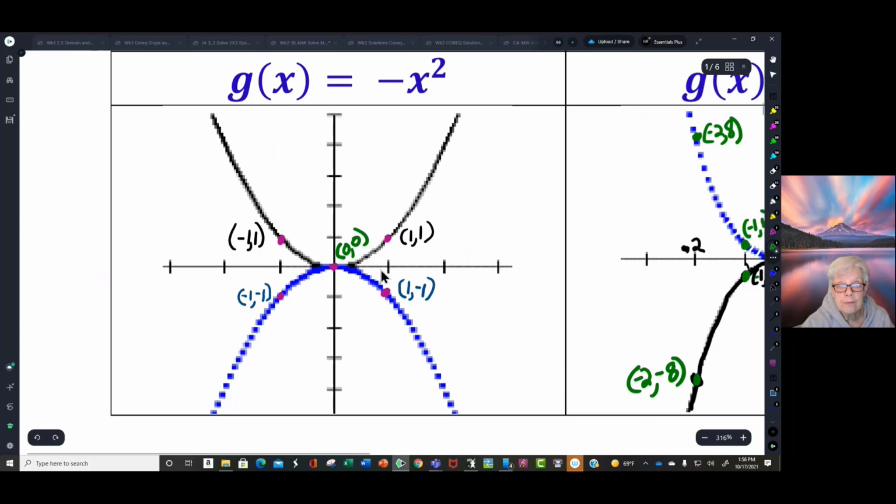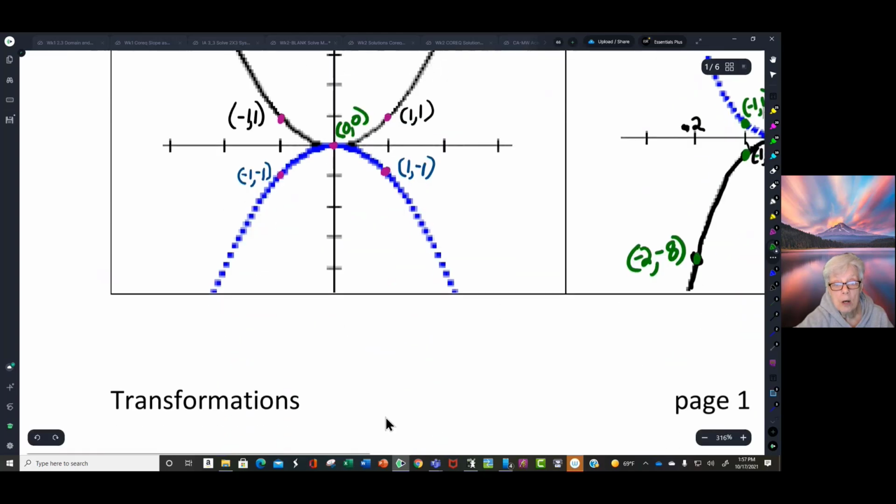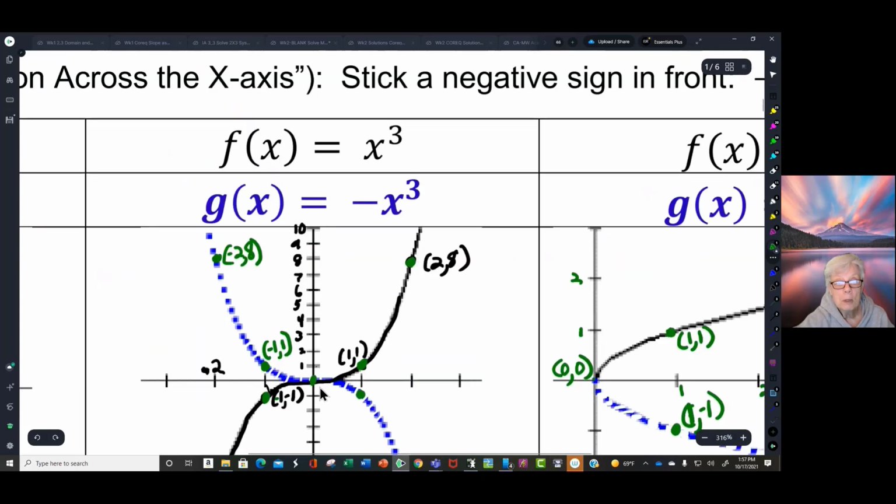All right, here you get a vertical reflection, a reflection across the x-axis, when you multiply the basic function by -1 or just a negative sign. They all turn upside down, except what's called an odd function.